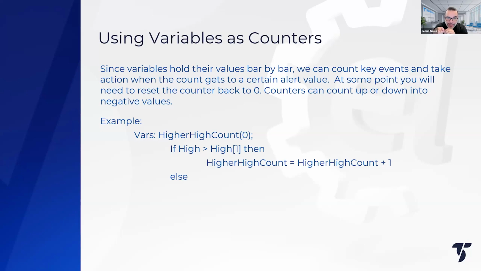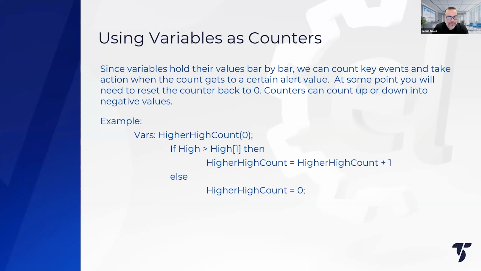If it's true, then you do this. Else, meaning that if it's false, what is it that we're going to do? We're going to set the counter to 0. So as long as you have higher highs, the counter is going to continue keeping track of that number and incrementing that counter. But as soon as the condition is not true, then it'll reset and it'll be set at 0.